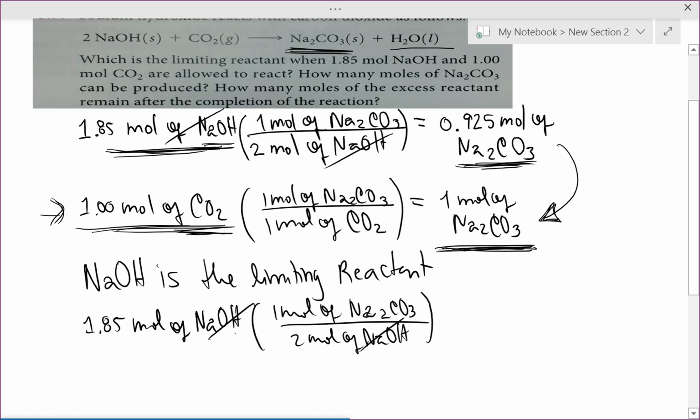Cancel these units out and we get that this is equal to 1.925 moles of Na2CO3.